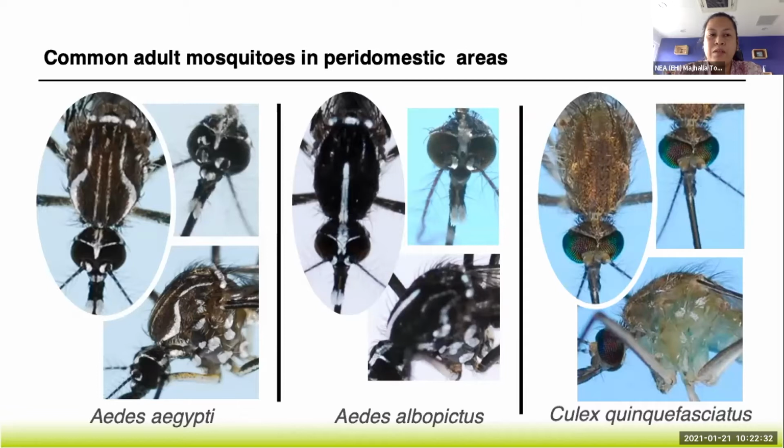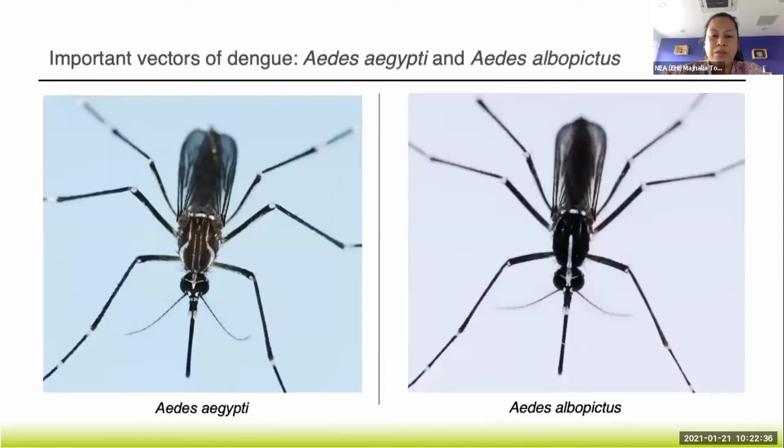So to differentiate further between Aedes aegypti and Aedes albopictus, these are the primary characteristics you look out for. The first thing is to look for the lyre-shaped marking on the scutum of Aedes aegypti and the single white line on Aedes albopictus. However, if you remember from Dr. Chong's presentation, with the Gravitrap, there is a sticky lining.